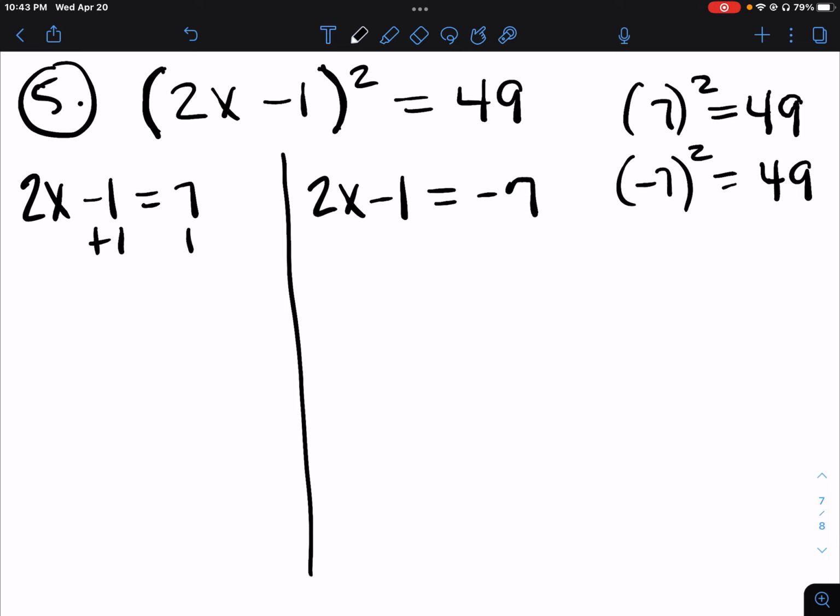Okay, we add 1. We divide by 2. We do the same thing here. And those are our two answers.